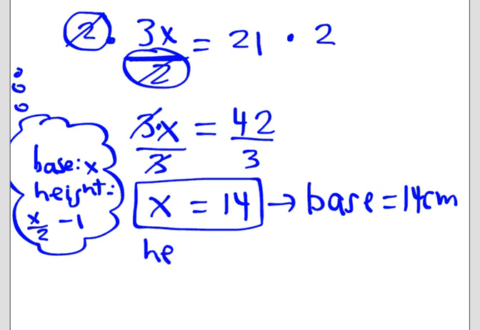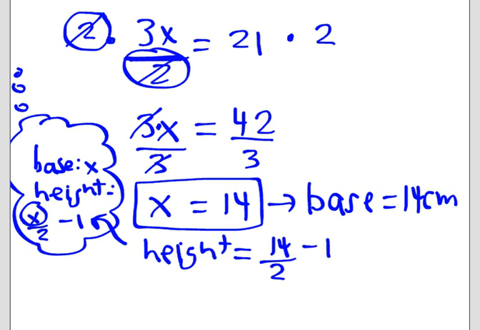So if I want to find the height here, I need to use the formula for the height. Instead of x over 2, I know the value of my x is 14. So 14 over 2 minus 1. 14 over 2 equals 7, minus 1 equals 6.